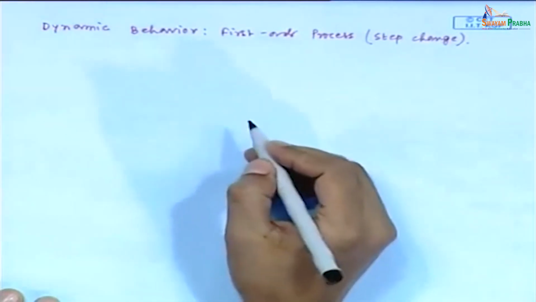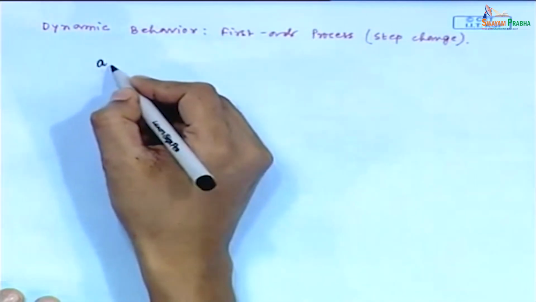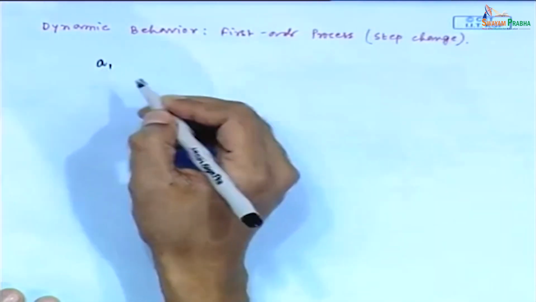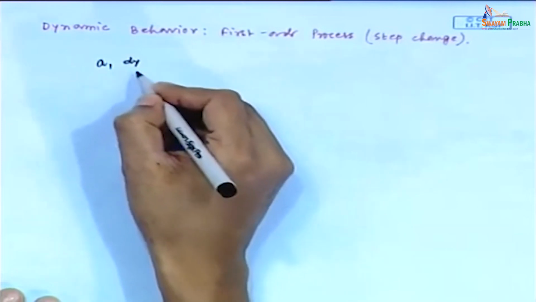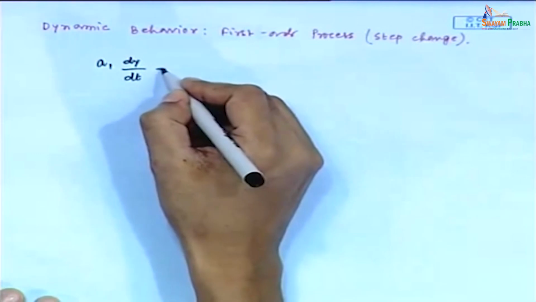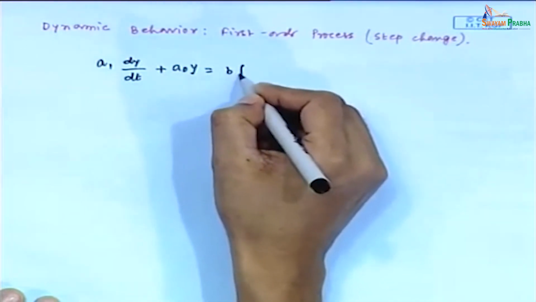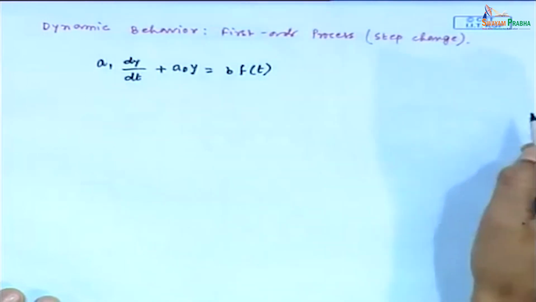So, we know the first order system can be represented by the first order differential equation, and we have considered this equation previously. A naught y equal to b f t.